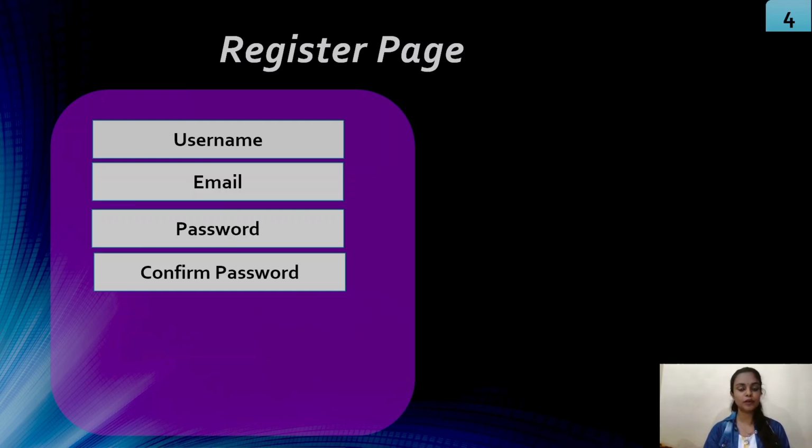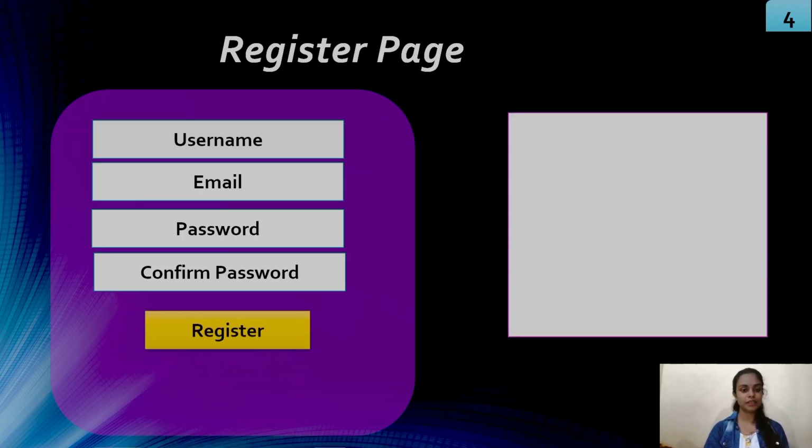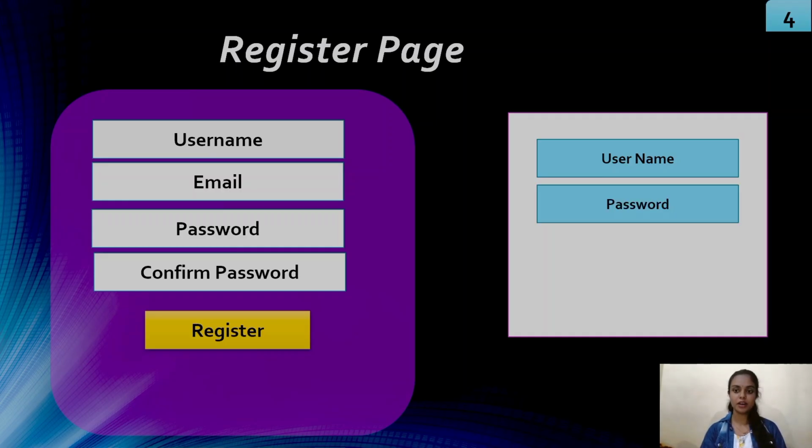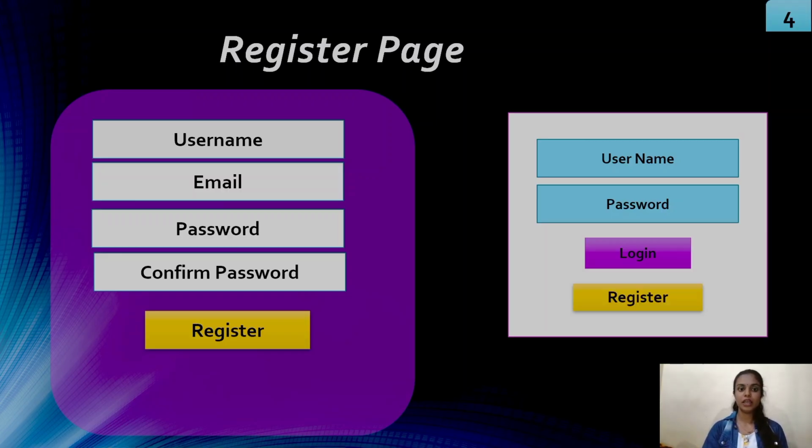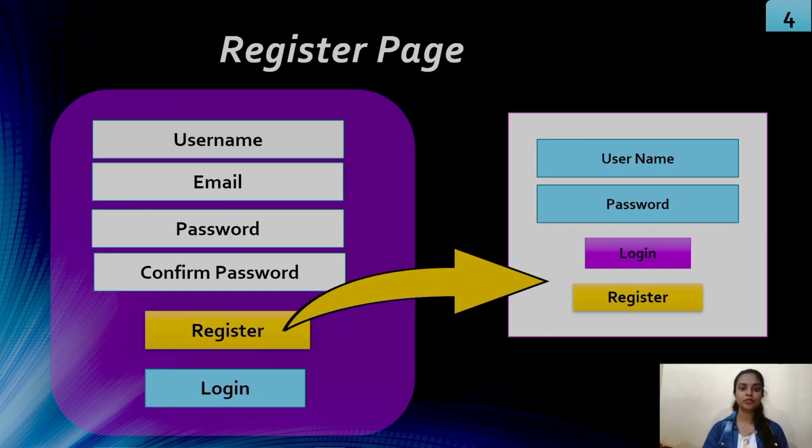If the email exists, it will throw a message saying email already exists. After clicking on the register button, it will redirect to the login page only if the email is unique. If the email already exists, then it will render the register page itself.